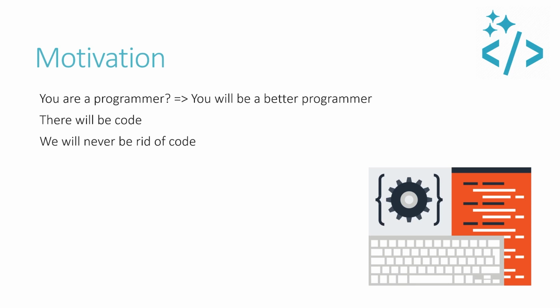We'll never be rid of code, even with ChatGPT and code generation tools, which will help us enable more rapid and fast code. But we still have to do these little tweaks and adjustments in order to have a fully working software solution. Good.